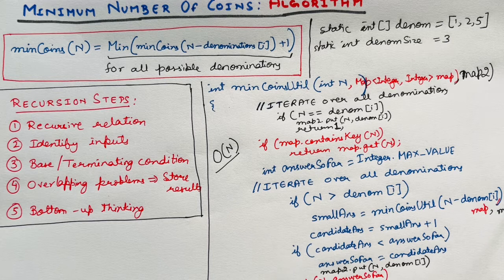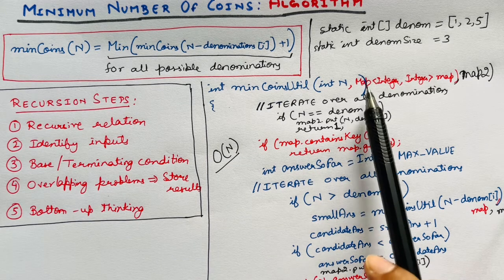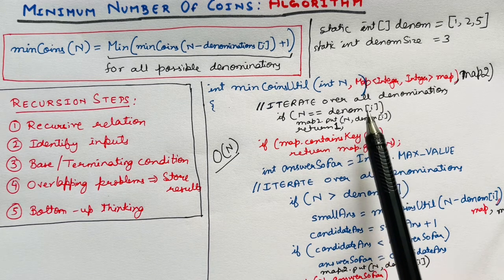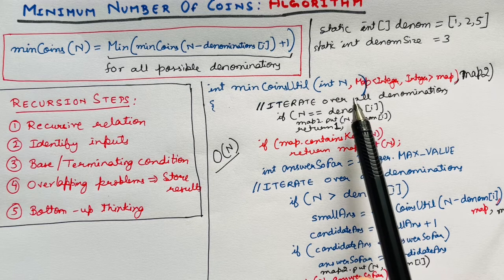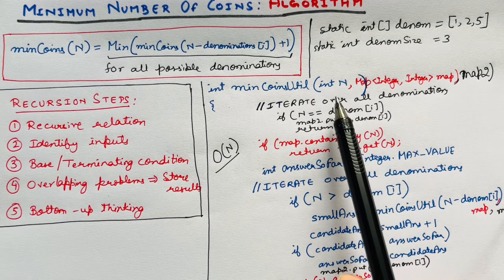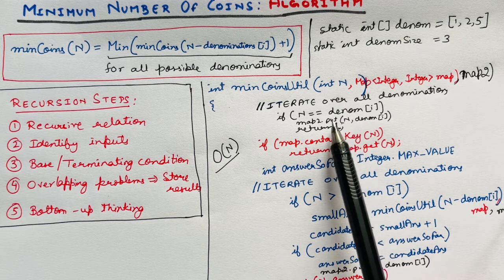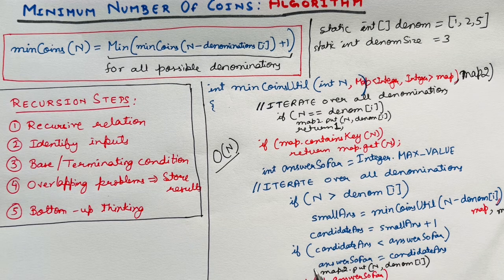Now our algorithm was complete, but it was still exponential time complexity. Why? Because there were many overlapping problems. So how did we solve the problem of overlapping problems? We used a map. What did we do here? Whenever we encountered an input for the first time, any n for the first time, we solved it, and before returning the answer, we stored its answer in a map.